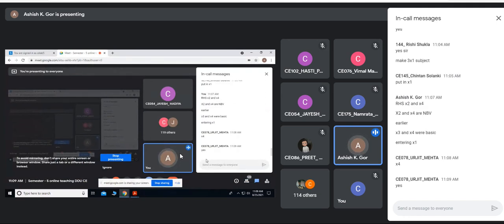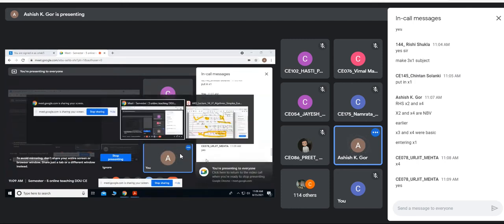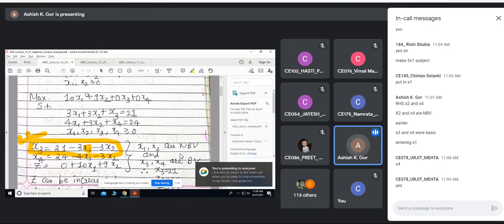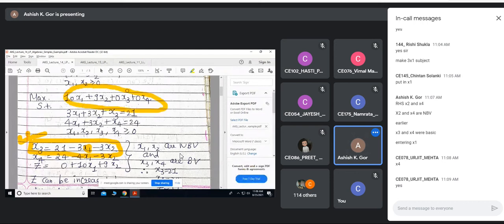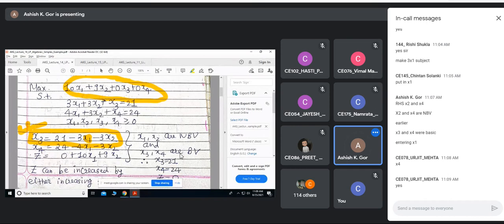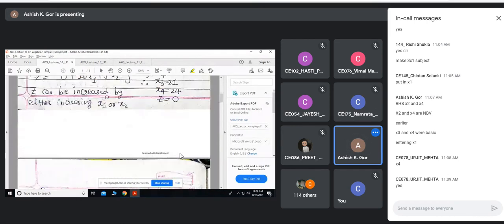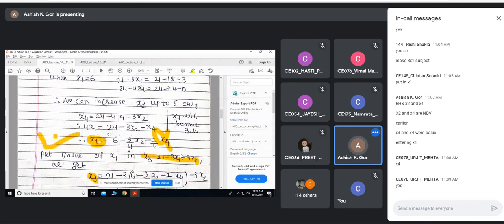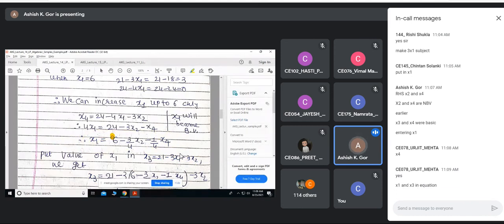There is one point still: I have not changed the objective function. In the objective function, everything is still in terms of x1 and x2. So I will again put in place of x1 this value, everywhere. x1 is entering, so x1 equals 6 minus 3 by 4 x2 minus 1 by 4 x4.